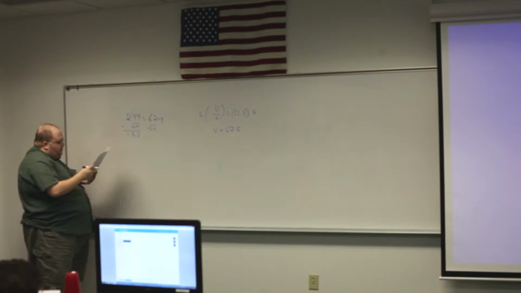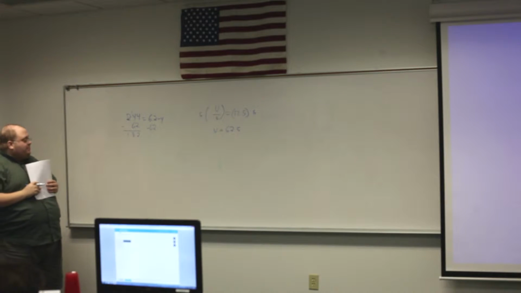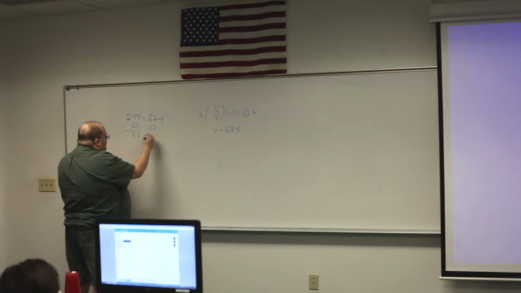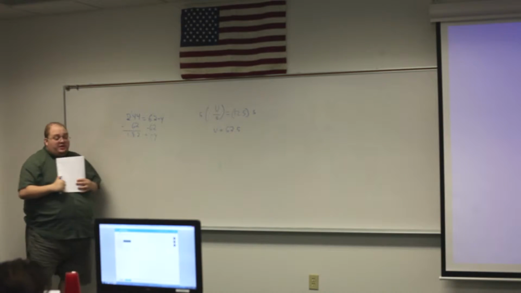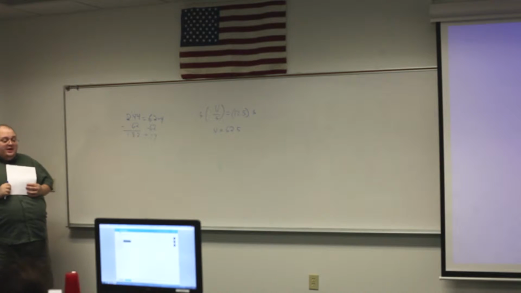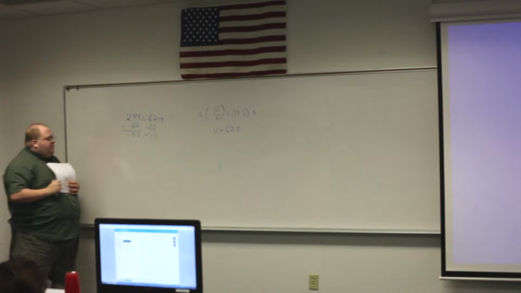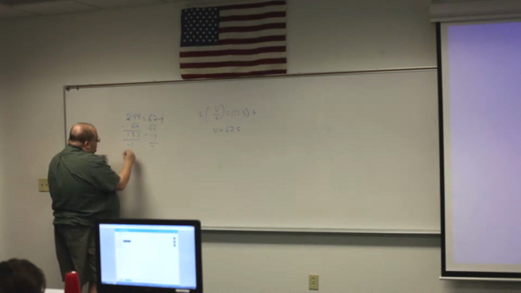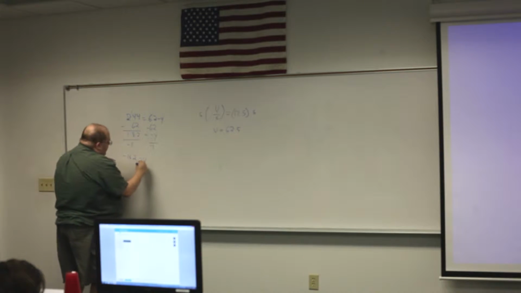And we get 182. The problem is, people stopped here. They saw that they had a y on one side and a number on the other side, so they thought they were done. Why aren't they done? Negative sign, correct. We have to divide out by negative 1. We get negative 182 equals y.